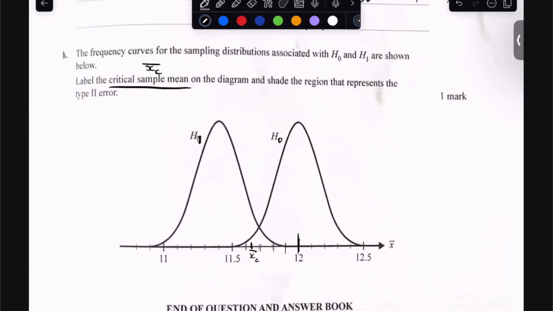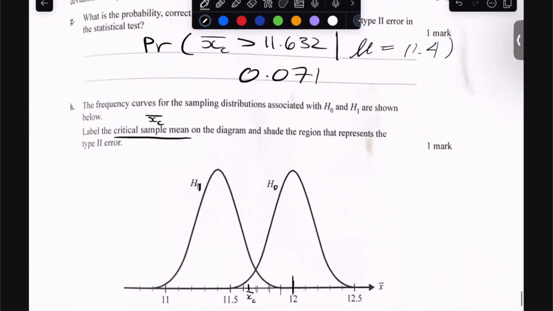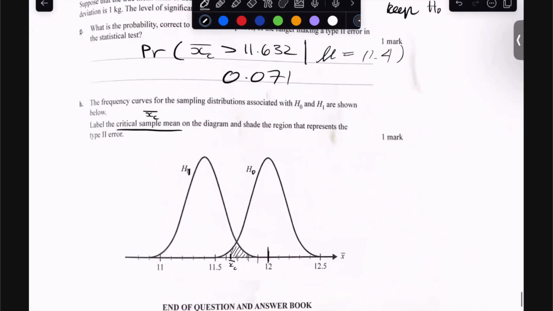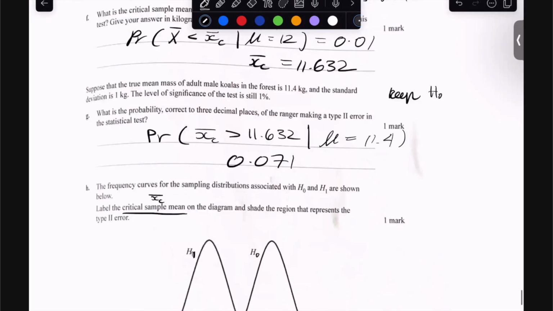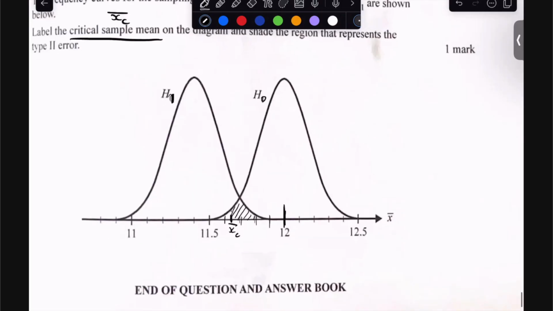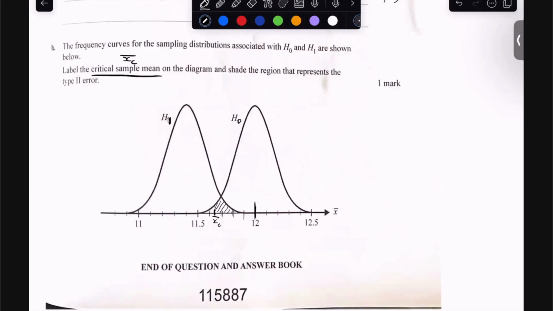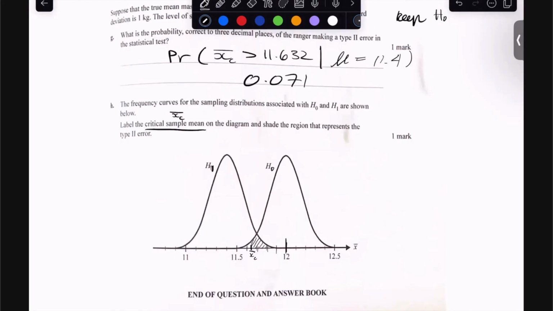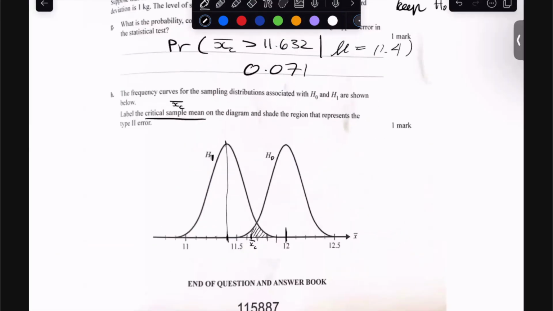So type 2 error is the probability that it's greater than this, given that the mean is 11.4. Where's 11.4? That's 11.4. Yeah, so that should be the shaded area.